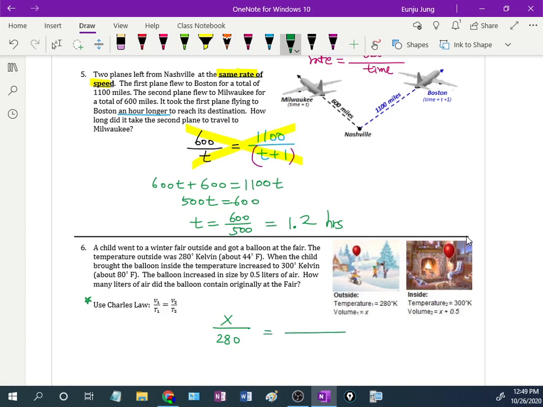And then this X got a little bigger by 0.5, right? So we are adding 0.5 to the unknown quantity. And what was the temperature inside? That was 300 Kelvin. So we solve this and then we can find the answer.